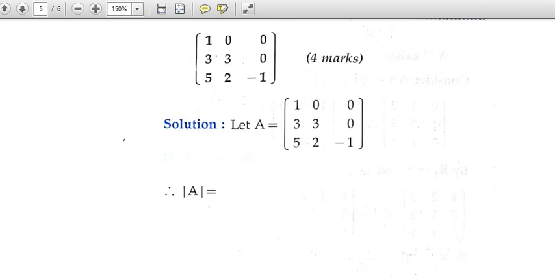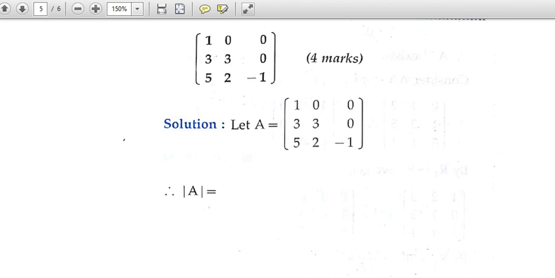Therefore, the determinant of A. We have to expand the given 3 by 3 determinant, so let's begin with that expansion. We start with the first row. In the first row we take the first value positive, the second value negative, the third value positive.